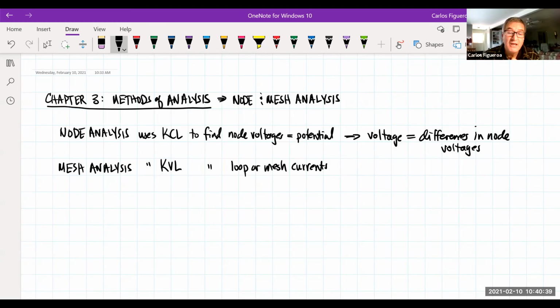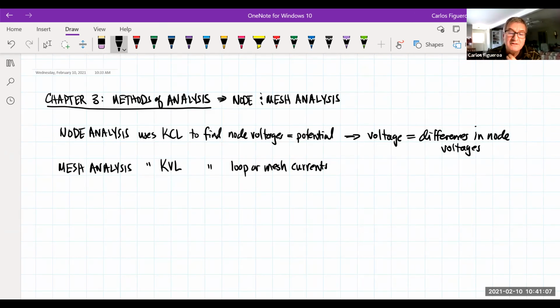And by the way, when we do the lab, you're going to be measuring loop currents. And you also have a PLC where I'm going to ask you to measure loop currents. And you're going to see that these things are actually physical things, but they're, like I said, kind of out there. So what I want to do here is start off with node analysis.